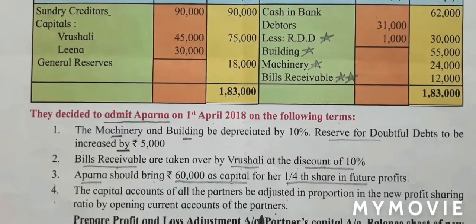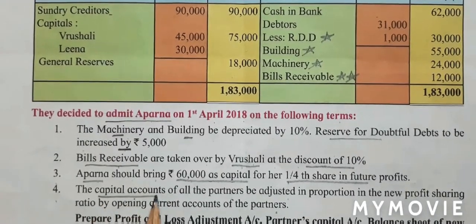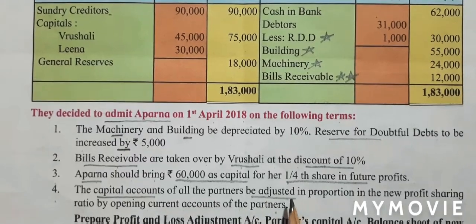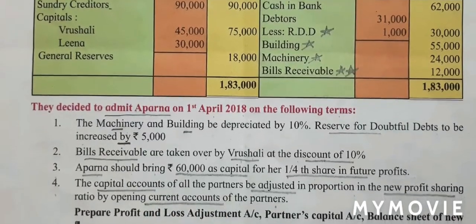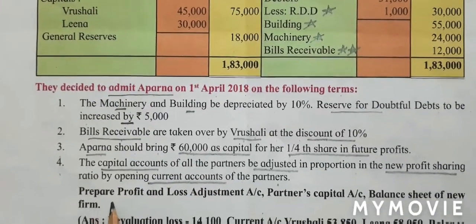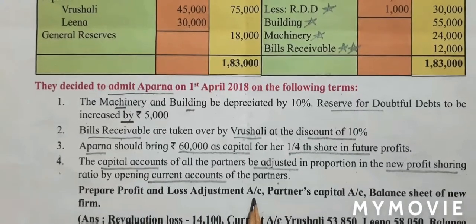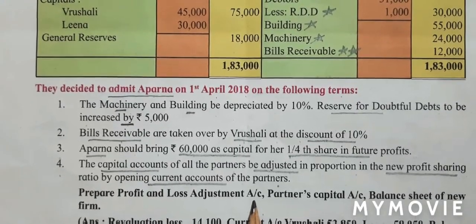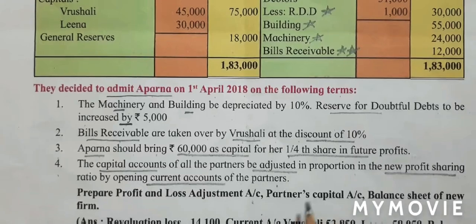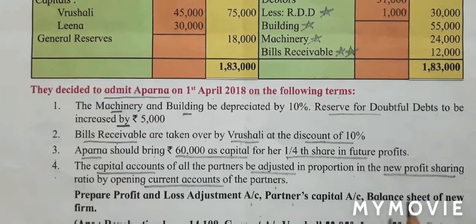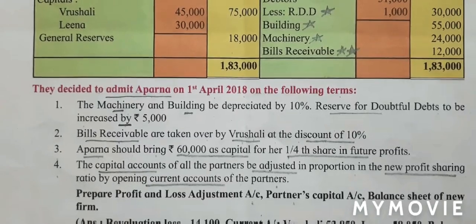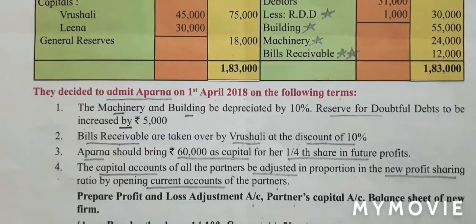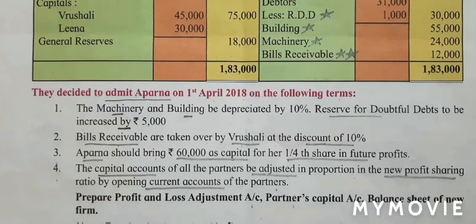So students, today we are going to learn capital adjustment in new profit sharing ratio, and it has to be adjusted through current account. Okay. Next, prepare profit and loss adjustment account, which is also called as revaluation account, partners capital account, balance sheet of the new firm. But students, as you are aware, we will be solving the ledger as well as journal.